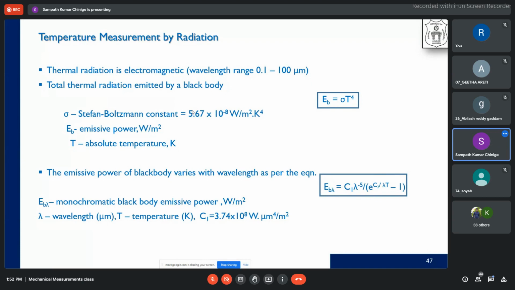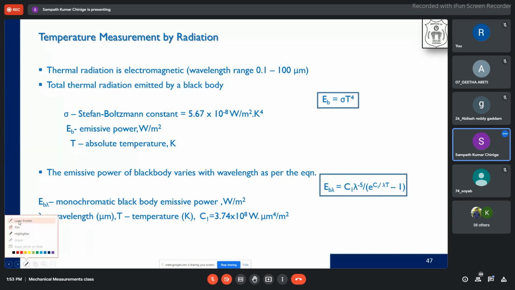So we are trying to utilize this principle for measuring the temperature. That is the net impact of this particular class. So the total emitted radiation: here we give an expression, E_b equals sigma T to the power 4.